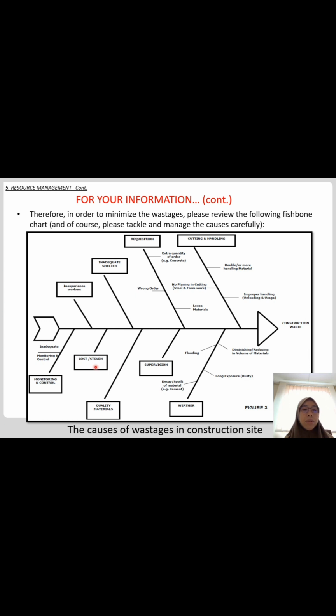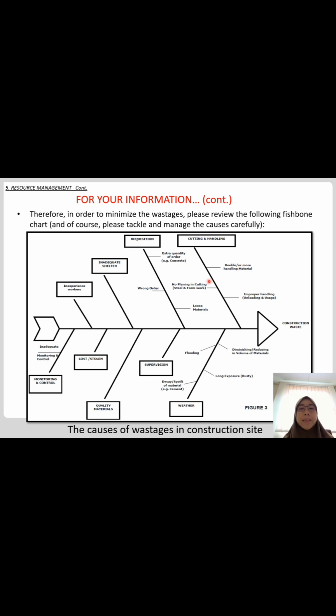And loss or stolen, inadequate shelter for the material, quality of material, supervision, requisition, which will give extra quantity or wrong order, concrete for example, or loose material, and cutting and handling. It would actually give double or more on handling materials.